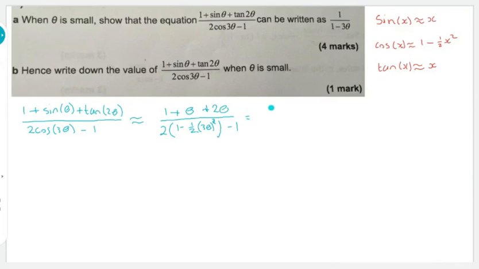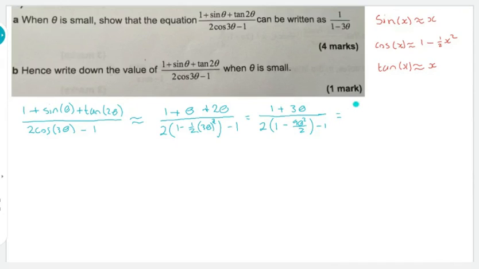This becomes 1 plus 3 theta at the top. At the bottom, I have 2 open bracket 1 minus 3 theta squared, which is 9 theta squared, times half is 9 theta squared over 2, and then subtract 1.